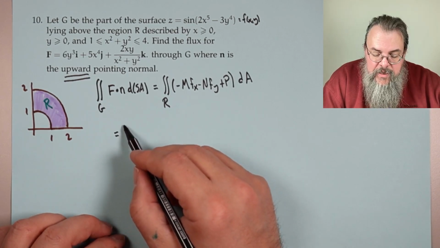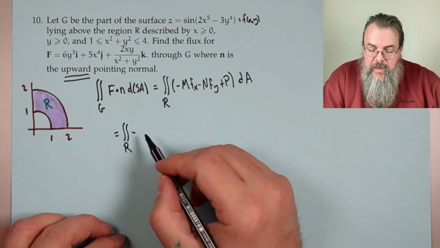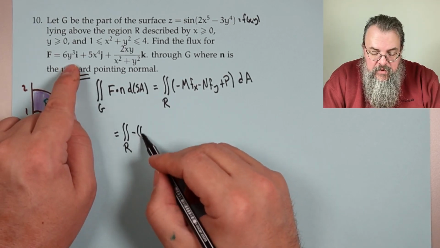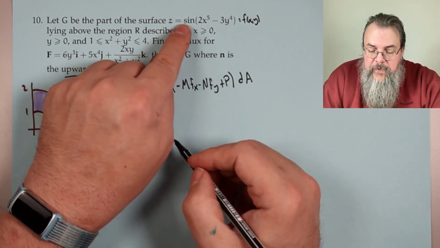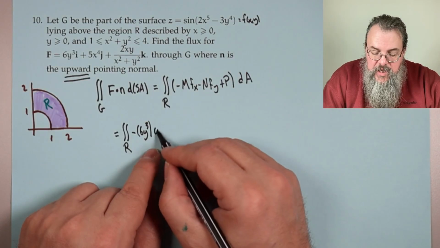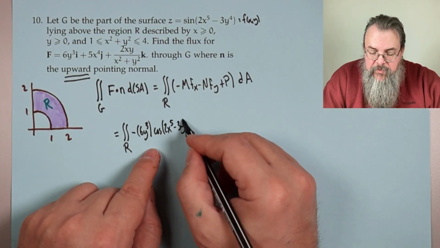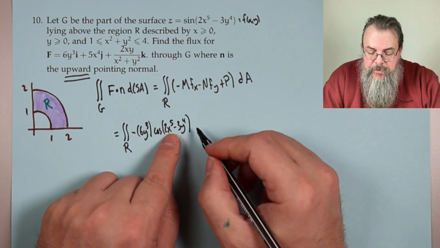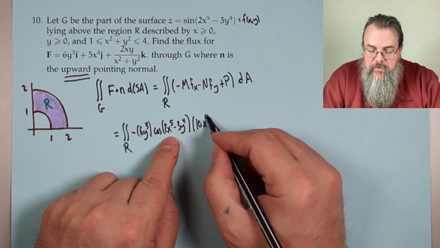We have our integral over our region of minus M, so that's 6y cubed, times f sub x. Okay, so derivative of sine is cosine, inside stays the same, times the derivative of the inside with respect to x, which would be 10x to the fourth.